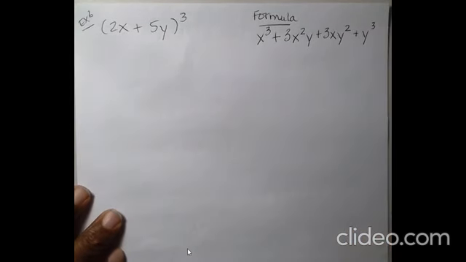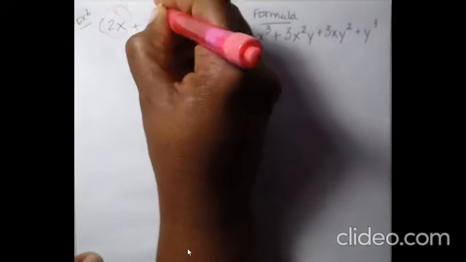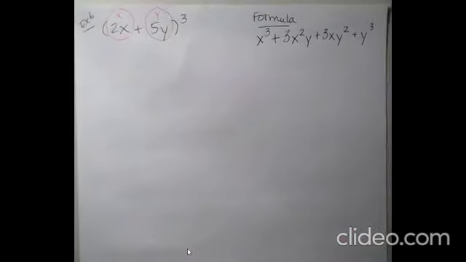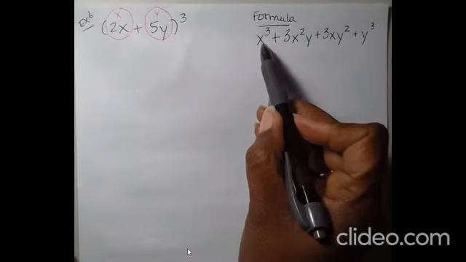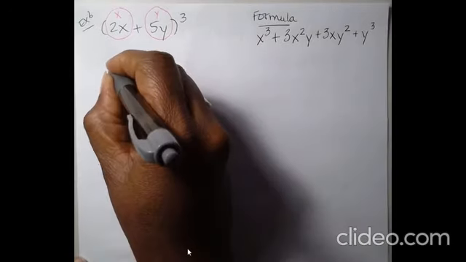Using our formula, this 2x is our x term, and this 5y is going to be our y term for our example in the formula.